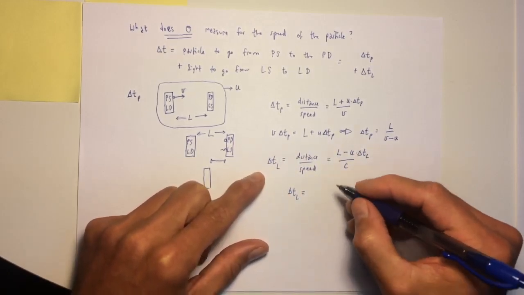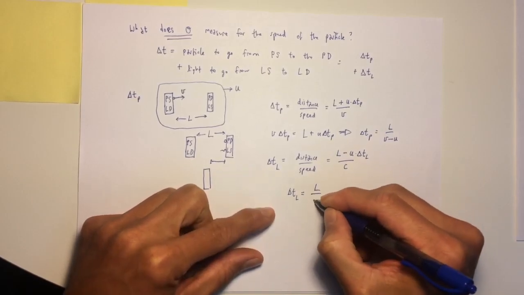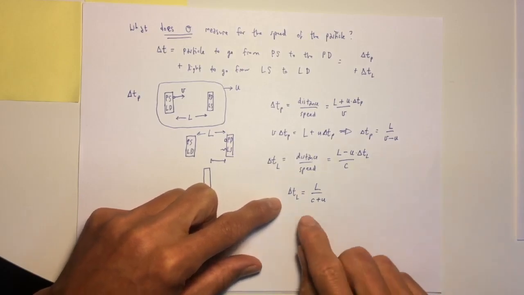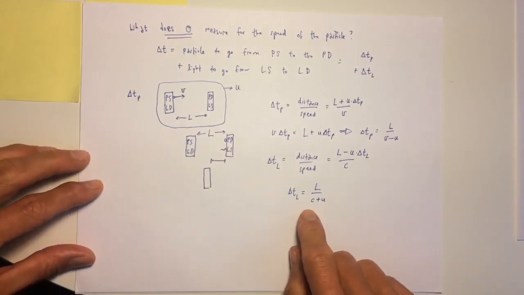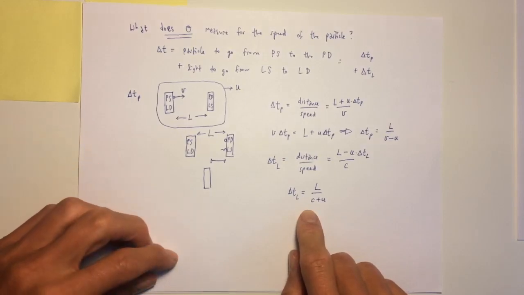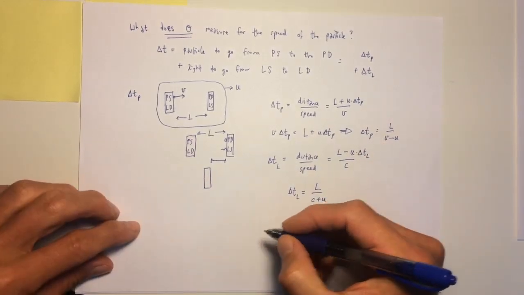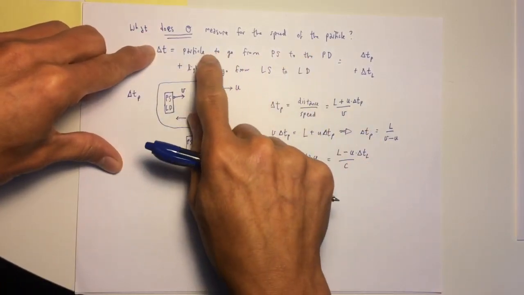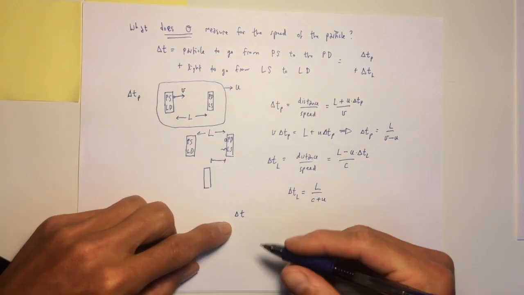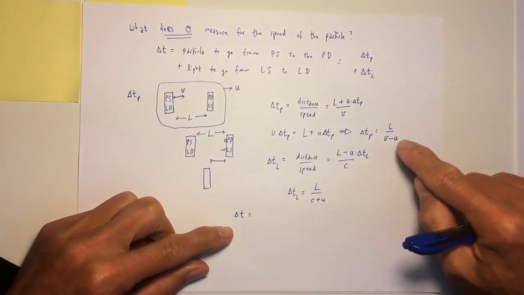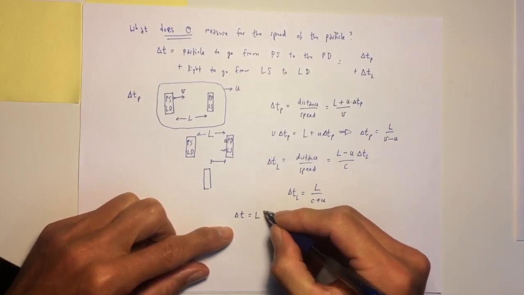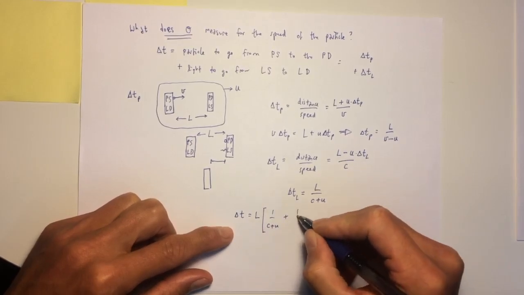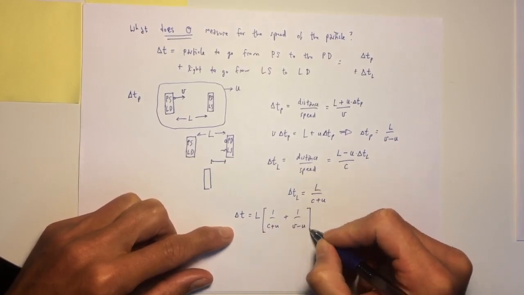So C plus U is underneath L. So L over C plus U. So that's the delta t sub L. Okay, so now delta T, as measured by O, which is the combination of the outbound particle and the inbound light, is equal to, so L is common, so I'll just take it out, and then it's 1 over C plus U plus 1 over V minus U.